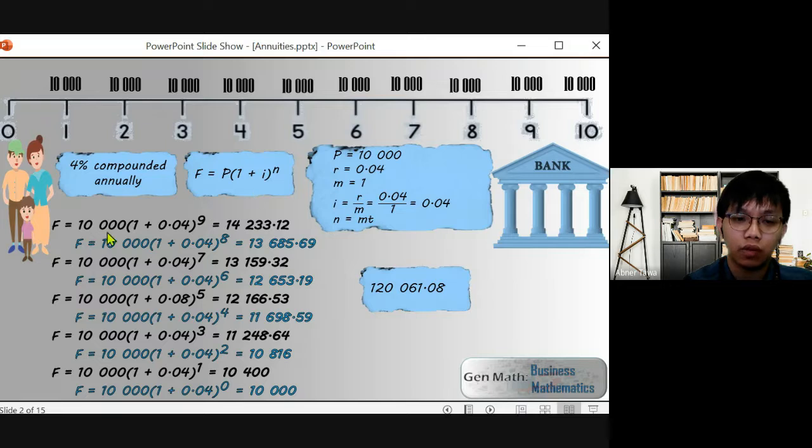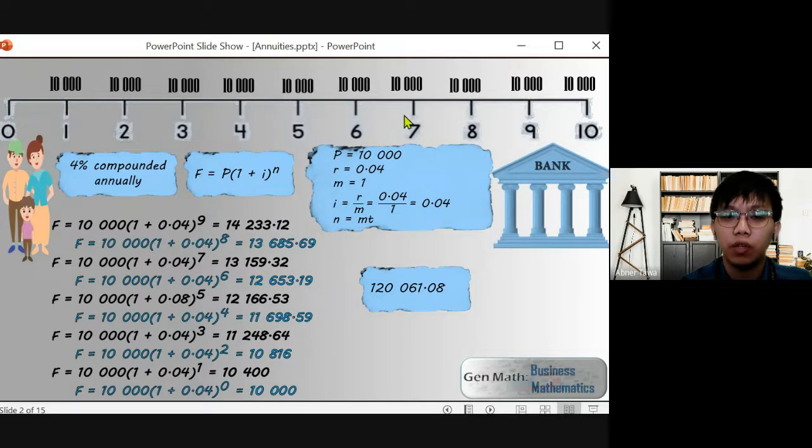So just add 14,233.12 until 10,000, and that will be 120,061.08 pesos. This means this is the money that Josh can use as financial assistance for his tertiary education.